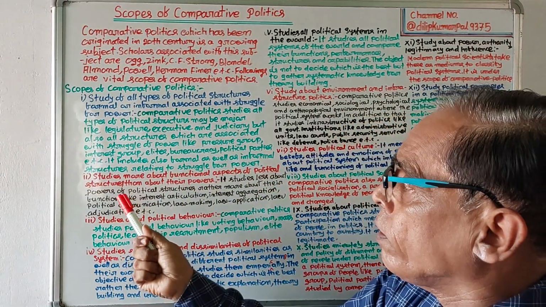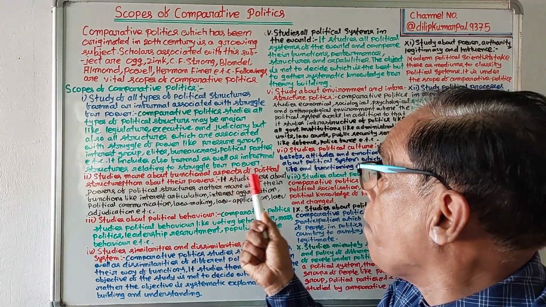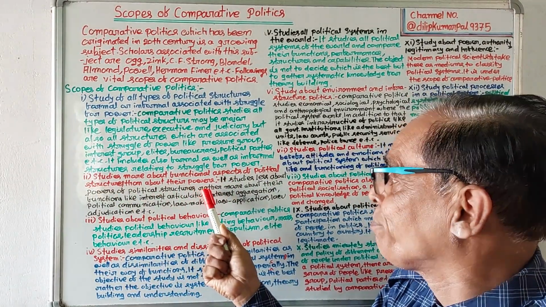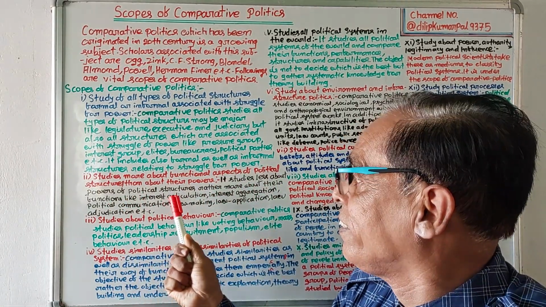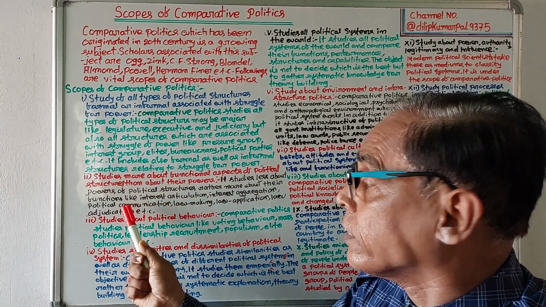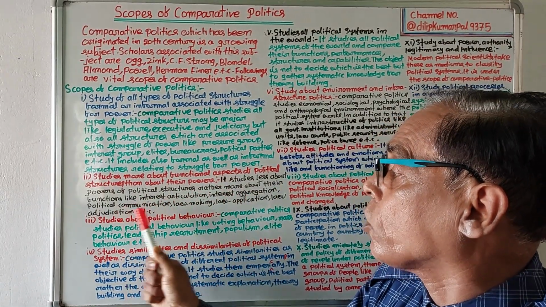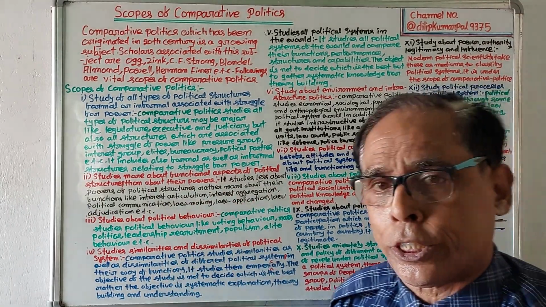Number 2, it studies more about functional aspects of political structure than about their powers. It studies less about the powers of political structure, and more about their functions like interest articulation, interest aggregation, political communication, law making, law application, law adjudication.